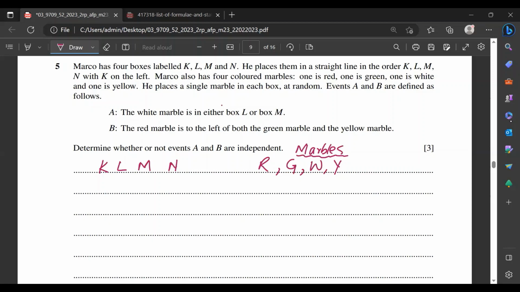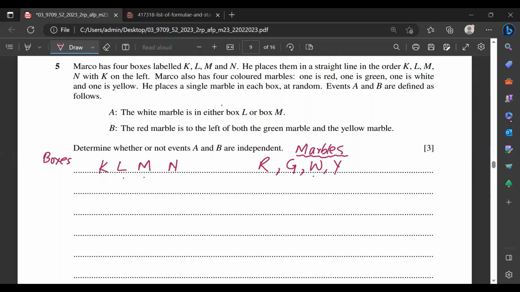So these are the boxes, and now the question is: he places a single marble in each box at random. Events A and B are defined as follows. A: the white marble is in either box L or M.